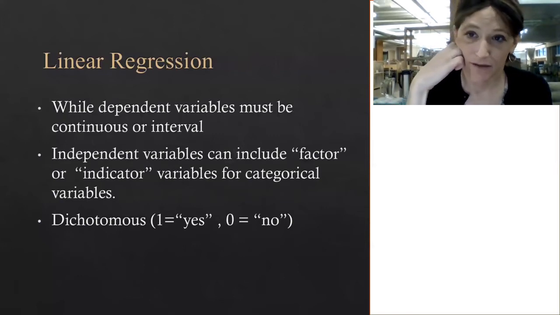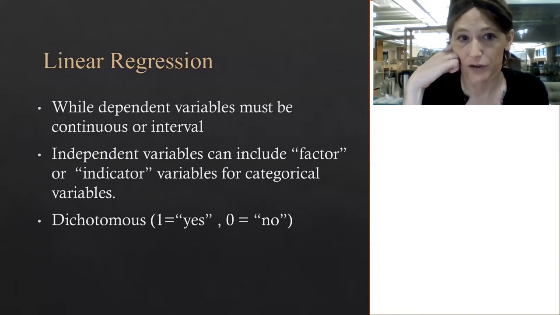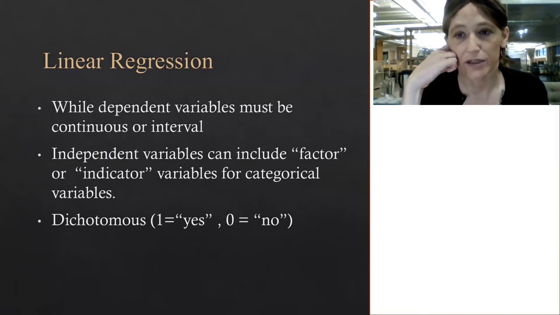While the dependent variable in linear regression must be continuous or interval, the independent variables, okay, can include factor variables or indicator variables for categorical variables. What that means is we could have a dichotomous variable, yes or no, in a linear regression model, and that would be acceptable, and we can interpret it meaningfully.